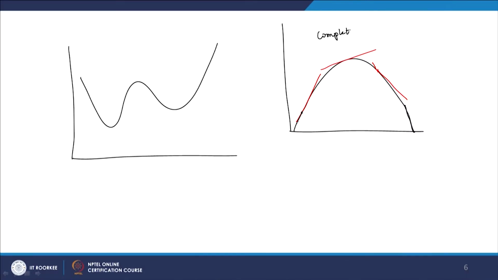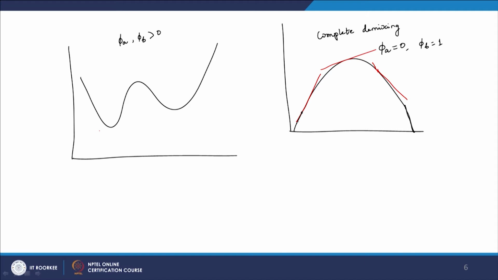So, in this case we will have a complete demixing, that is phi A is equal to 0 and phi B is equal to 1, and in this case we can have phi A, phi B both higher than 0. Okay. So, now let us see what happens on the other part of the graph.